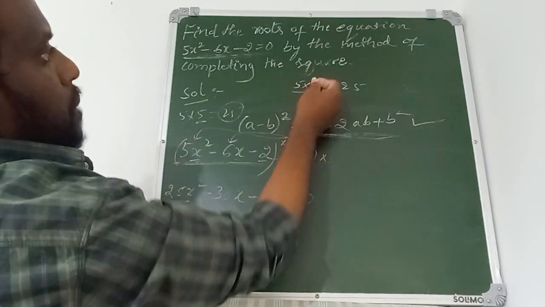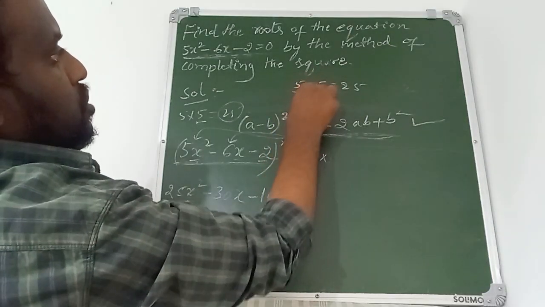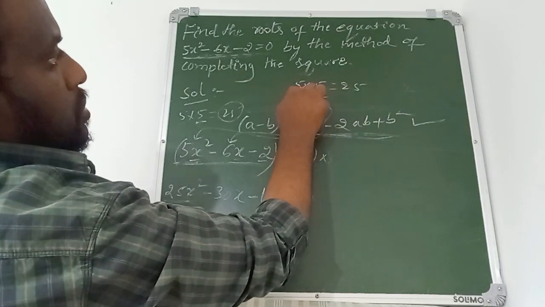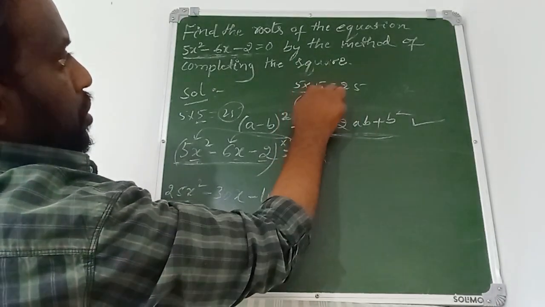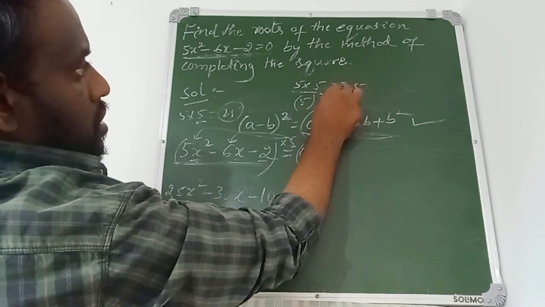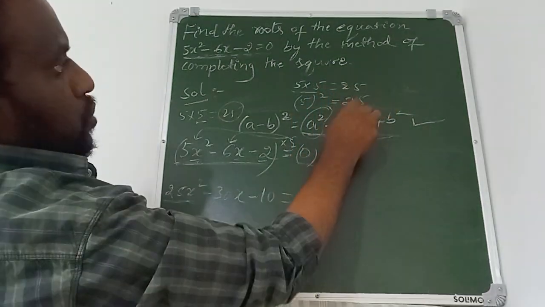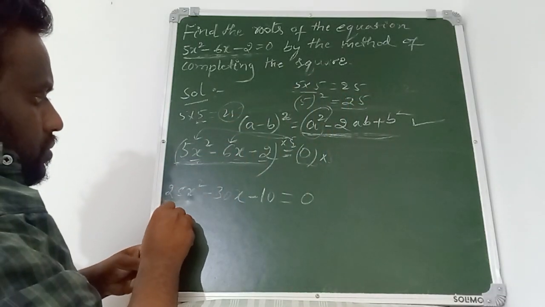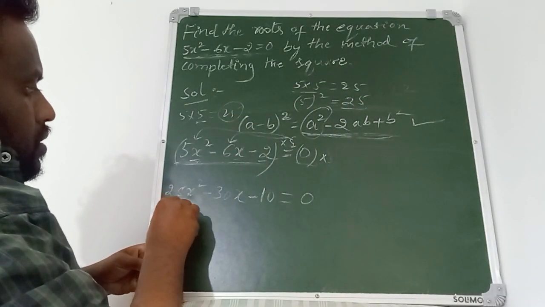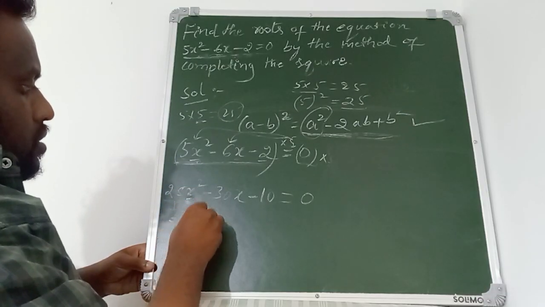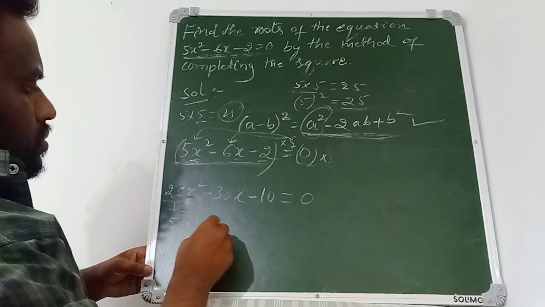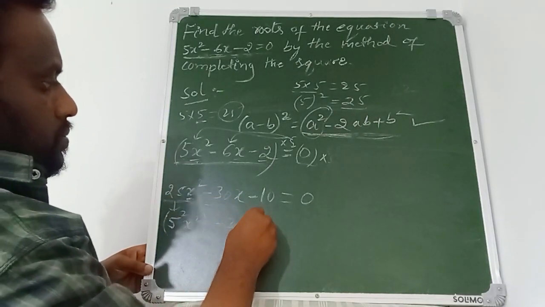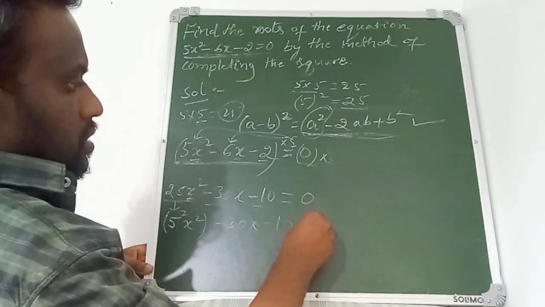This 5 into 5 can be written as 5 square, 5 two times. So in place of 25, I am going to write 5 square. This x square will be as it is. This minus 30x I will write as it is. This minus 10 is equal to 0.